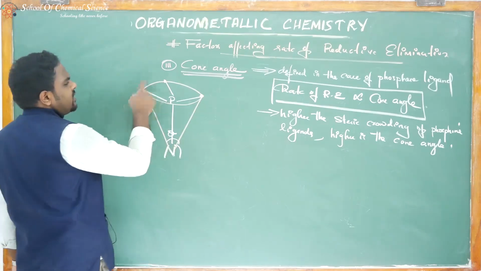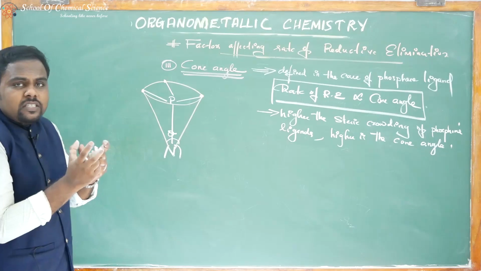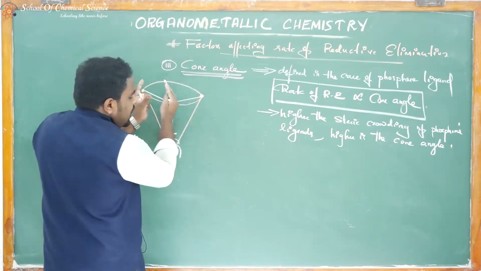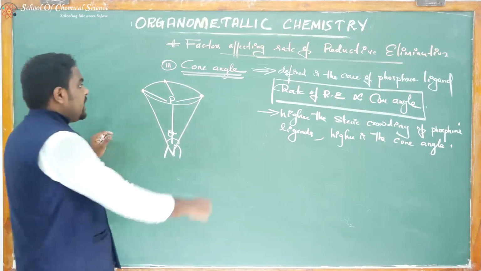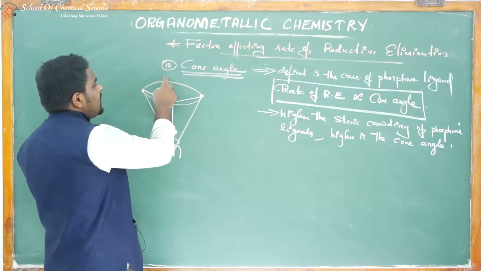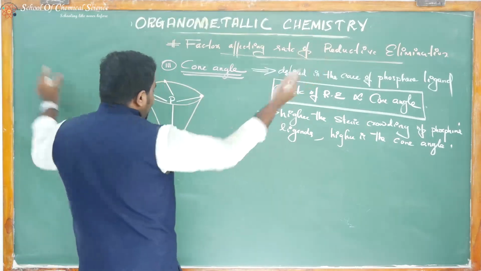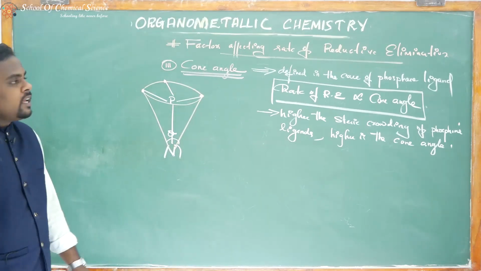Here, suppose hydrogen, that is PH3. Hydrogen has the least steric crowding, so this will be a small cone and the angle theta will be very small. Suppose instead 3 tertiary butyl groups: very bulky, a large cone, and the angle theta will be very high.